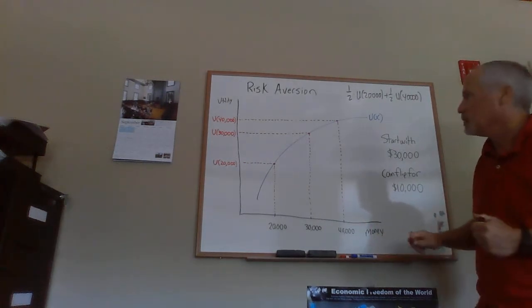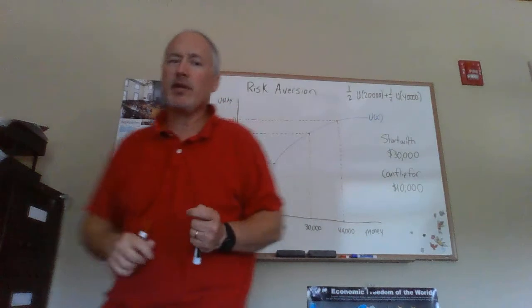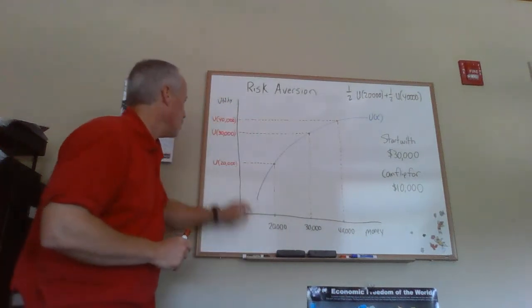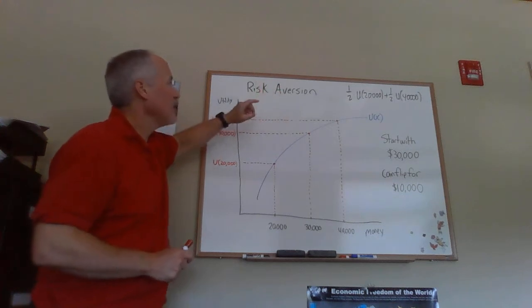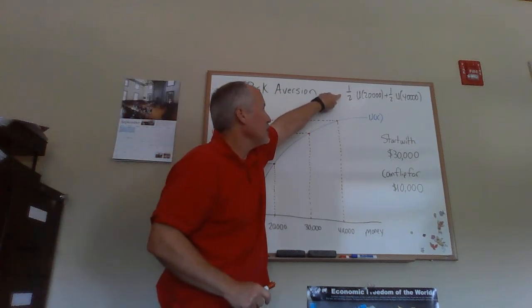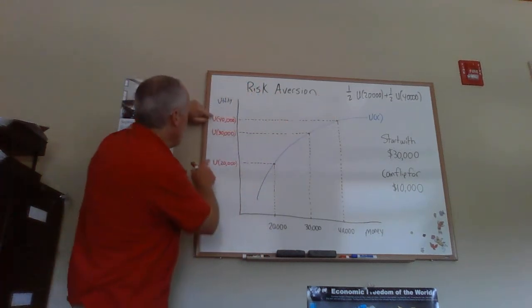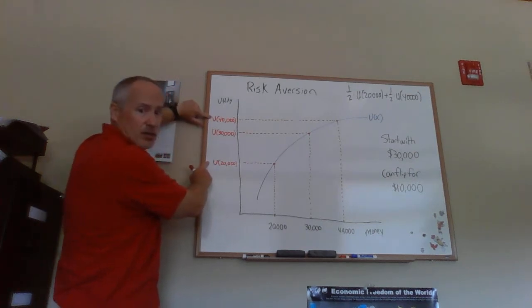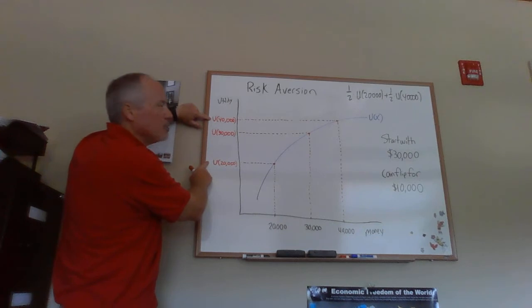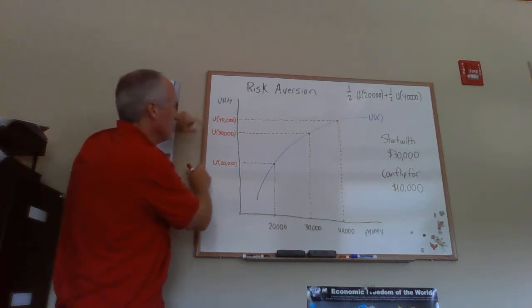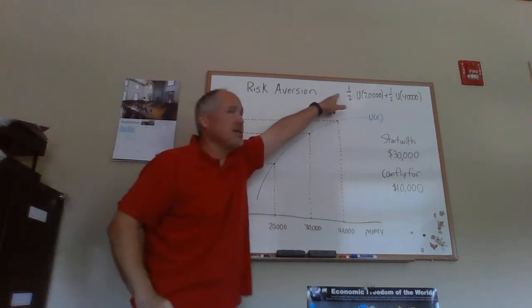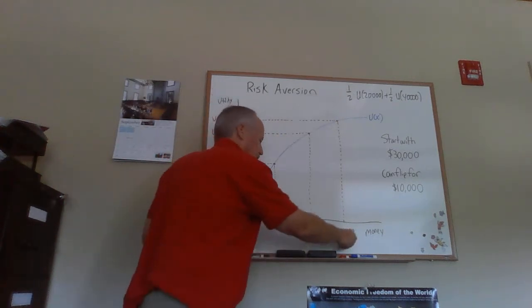If we come over here to the y-axis, because the probability is 1/2, this expected utility is going to be at the midpoint between these two numbers, U20,000 and U40,000. You take the midpoint of those two numbers. That's going to be this expected utility. And let me just write this up here.